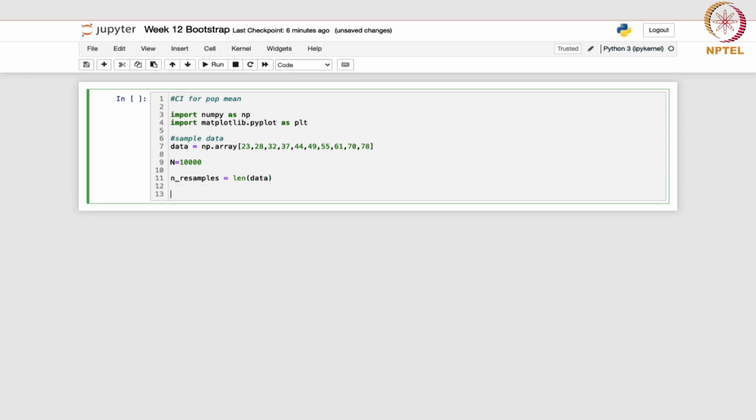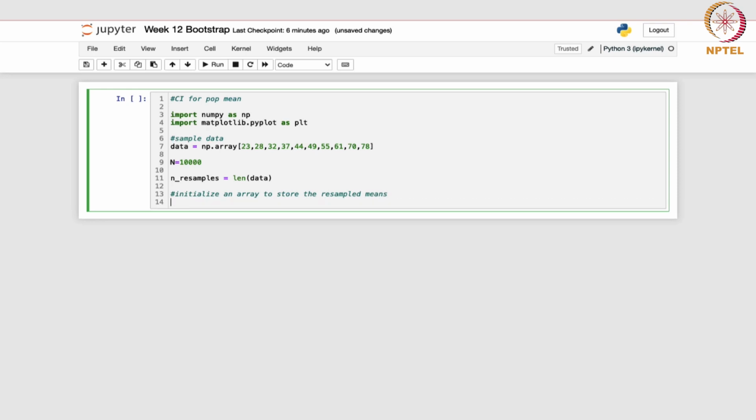Now let us initialize an array to store the resampled means. For this let us write bootstrap_means as np.zeros of n.